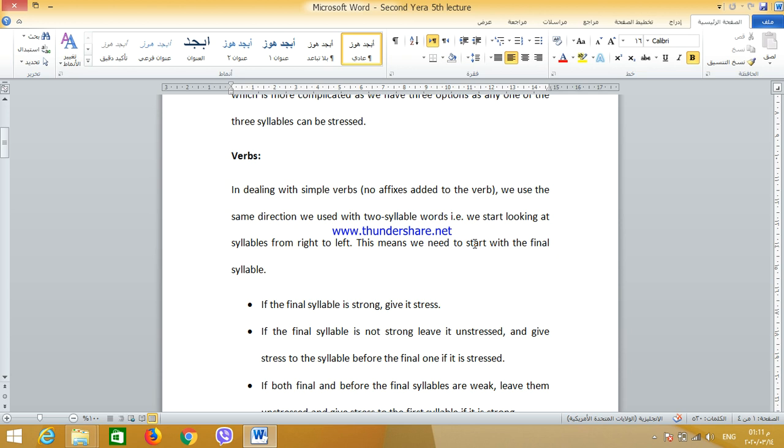So, as we did with two-syllable words, in verbs we have a general rule that says stress tends to be to the right hand side of the word. It means that we should start with the final syllable, then the one before the final, then we go to the first syllable. We will use the same technique.